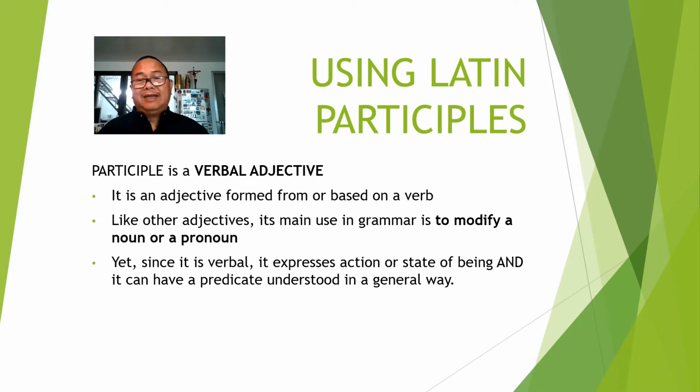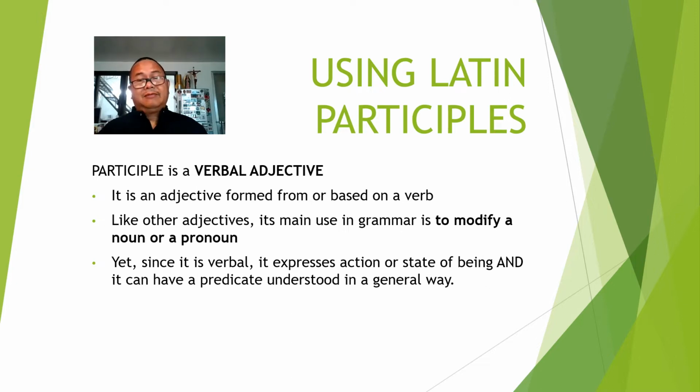So, yung bagayan ang basic, very basic function kan adjective, to modify a noun or a pronoun. So, that is also the grammatical function of verbal adjectives in a given Latin sentence: to modify a noun or a pronoun.